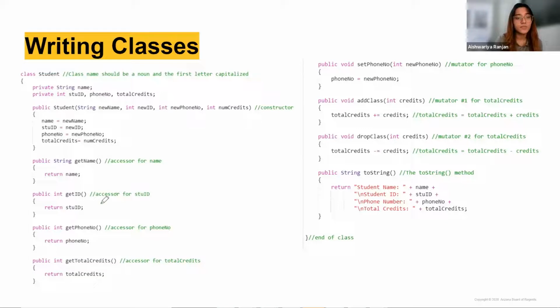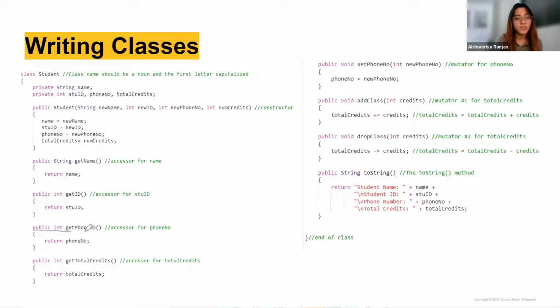Then we have the getter or accessor for ID. So public, then the return type int, and the name get ID. Again, no input parameter list. And then we simply have return student ID. Next, we have the accessor for phone number.